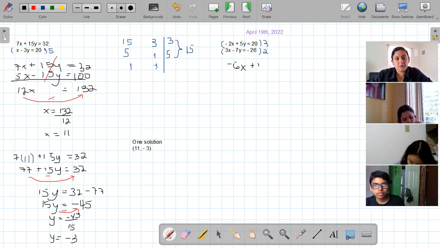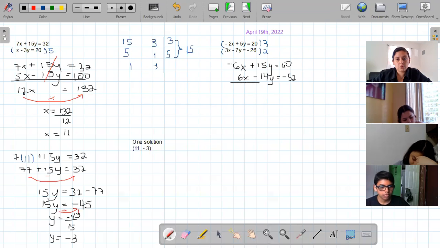15y. Positive 15y equals 20 times 3, 60. Now the second one, 3x times 2, positive 6x. Negative 7y times 2, negative 14y equals negative 26 times 2, negative 52.